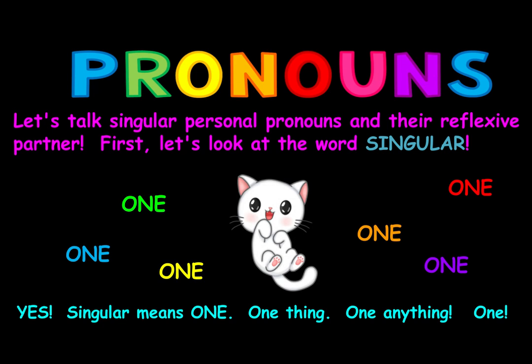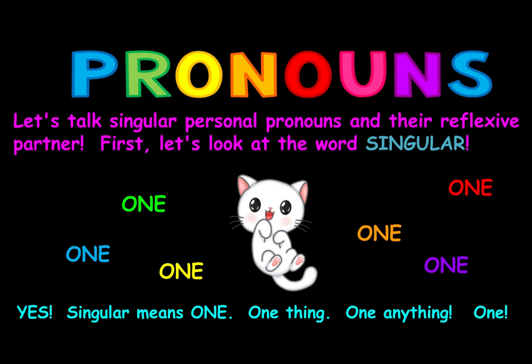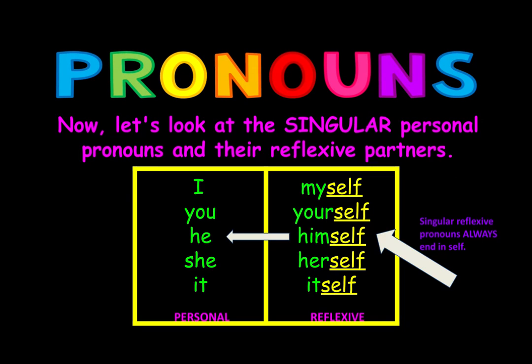So if somebody says, is this noun singular or plural? If it's one object, one thing, one of anything, it would be singular. That cat right there is singular. Cat, one. Now let's look at the singular personal pronouns and their reflexive partners.